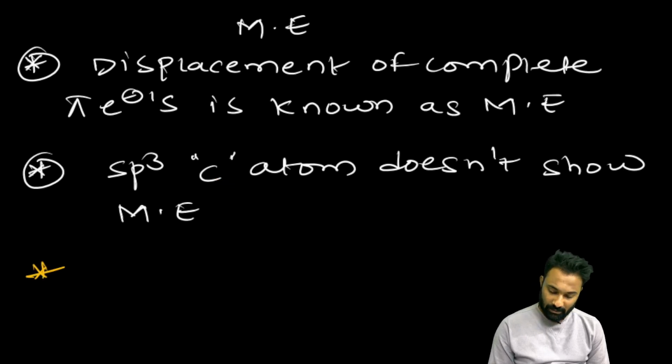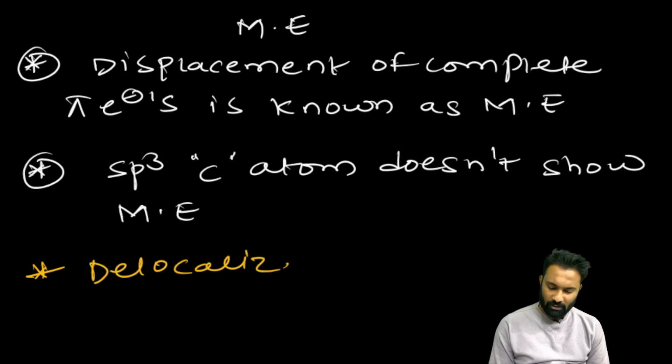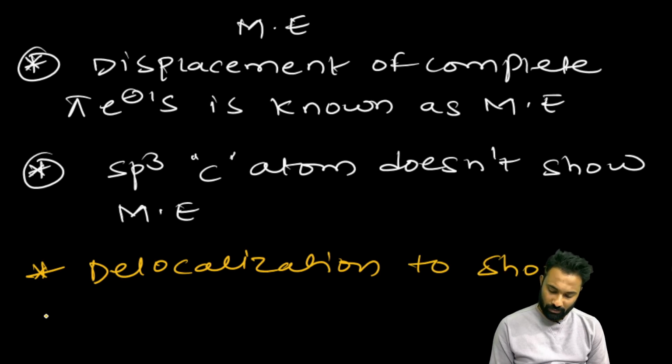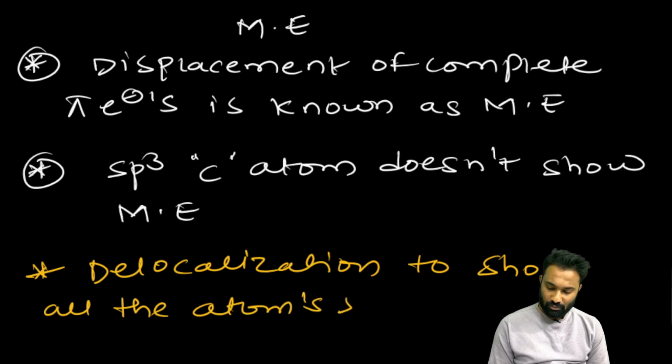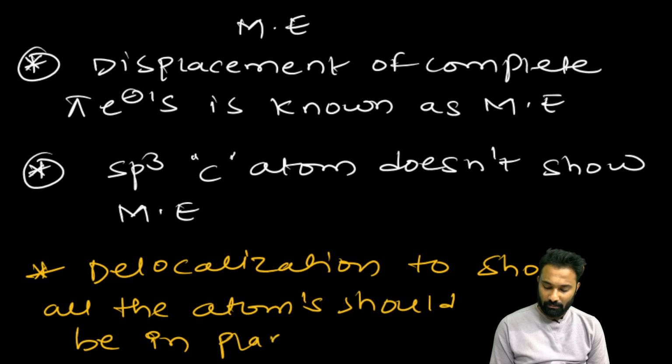Tetrahedral, right? Delocalization or mesomeric effect, delocalization means transfer of the pi electrons only, right? To show delocalization, all the atoms should be in the plane.